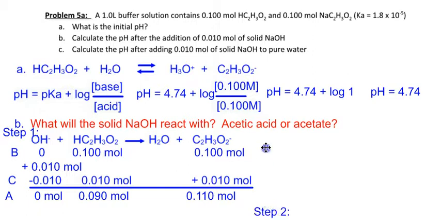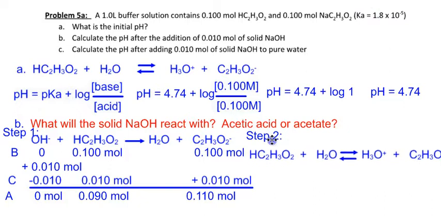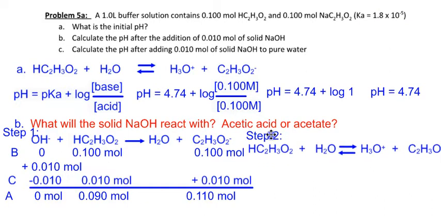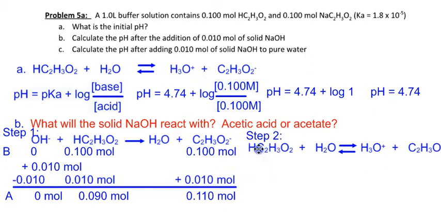So now what? I need a step 2, don't I? So step 2 is what? What do I start with? Well, what did we have here? Remember, we have a Ka. So I would put the acid as the reactant. I'm running out of room here. I'm going to scooch stuff over, I guess. And your conjugate base as your product. Okay.